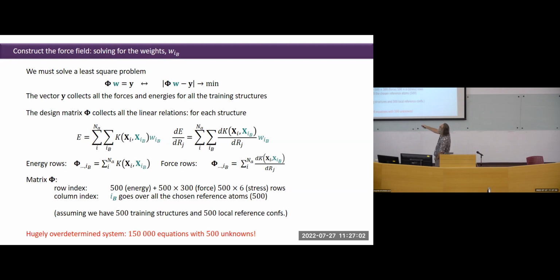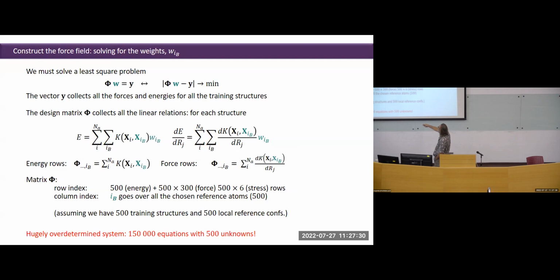So the vector epsilon collects all the data that we train against, so all energies and forces and stresses for all the training structures. And this large phi here is what we call the design matrix, and that collects all linear relations for each structure, essentially this particular similarity, this sum of similarity kernels that gives us the energy.